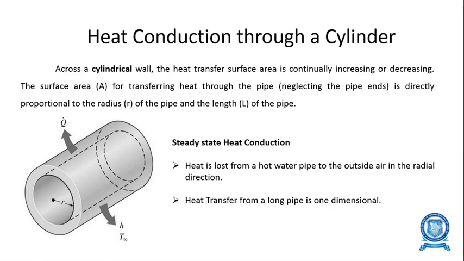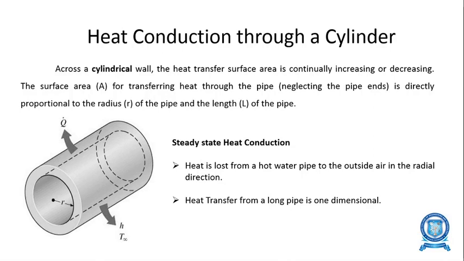The surface area for transferring heat through a cylindrical pipe or cylindrical element is directly proportional to its radius and the length of the pipe. As already discussed, heat conduction follows Fourier's law of conduction, which is directly proportional to the distance in the case of the plane wall.